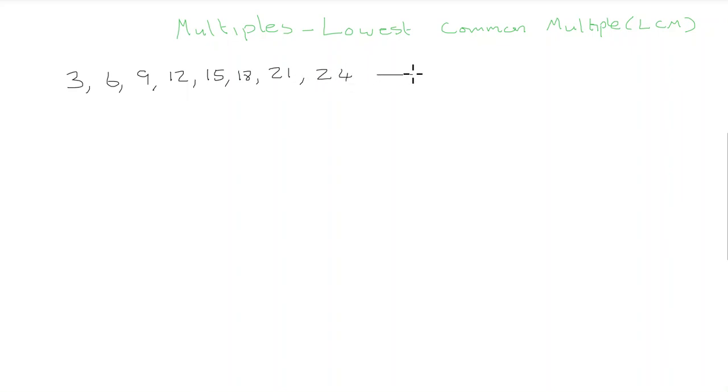Okay, and this just goes on and on. We have an infinite number of multiples for 3, but we start off with 3.